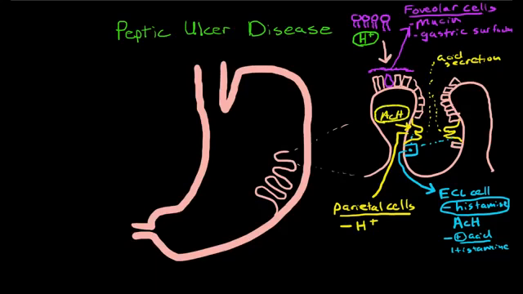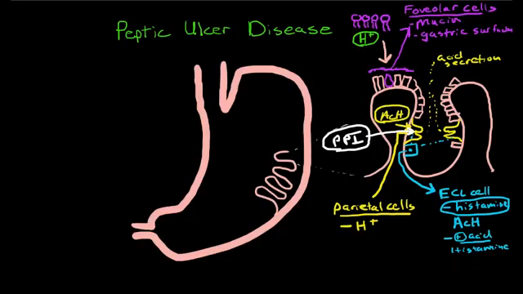Now, if you give someone a PPI, a proton pump inhibitor, a proton pump is the mechanism by which the parietal cells produce their hydrogen ions and secrete acid. So a proton pump inhibitor is a much more powerful drug at preventing acid secretion because it's not just dependent on one pathway.